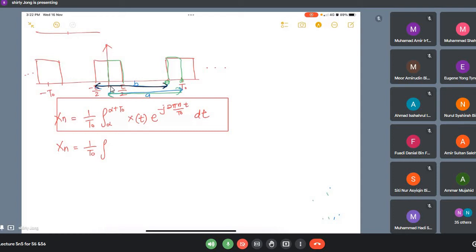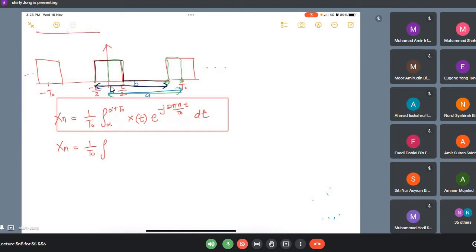So the integration is only from here to here, and this part is 0. So I only take integration 1 time, from negative tau over 2 to tau over 2. This means that I shorten the integration.